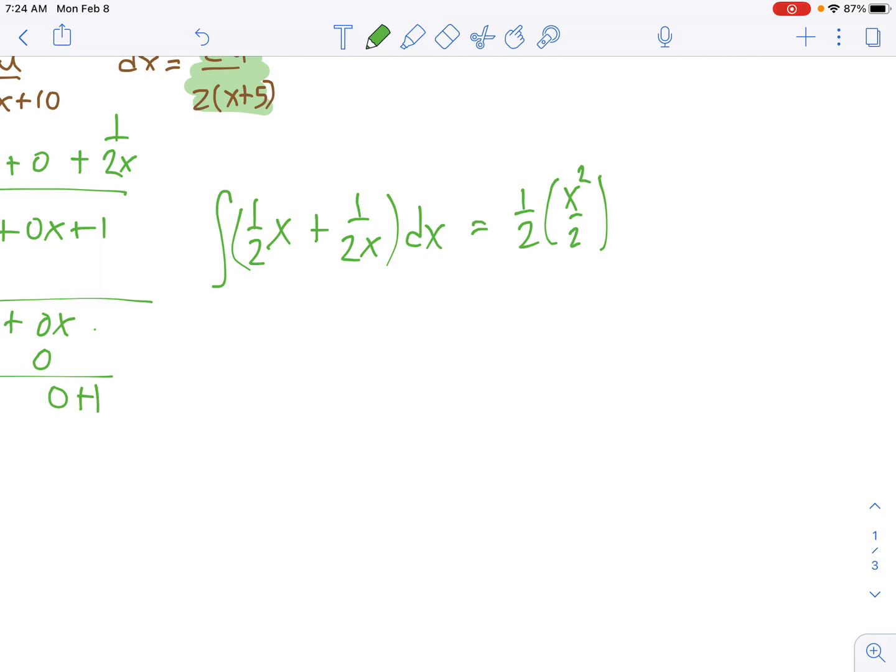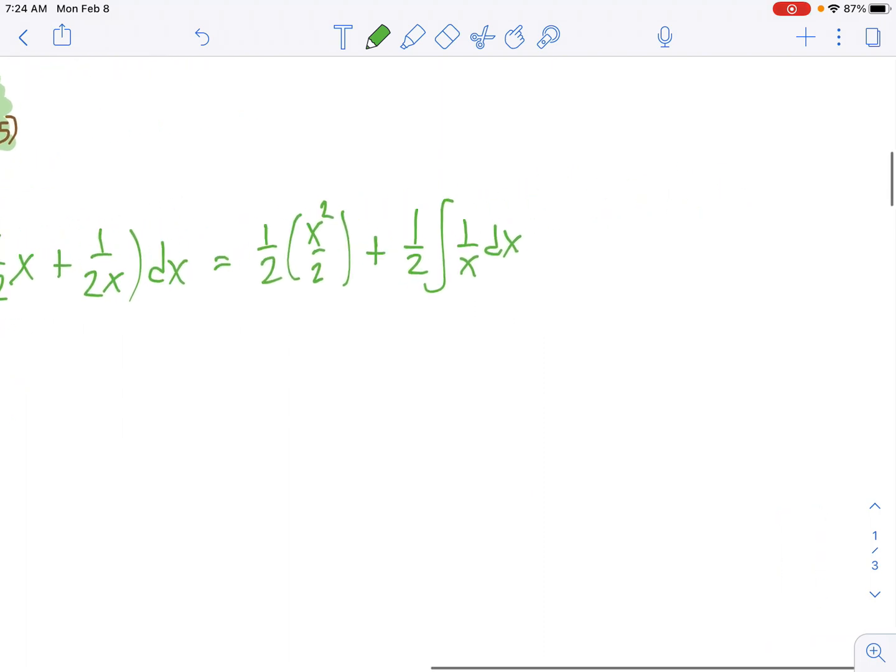And then let me just write this in one more step: 1/2 times 1 over x dx. That's what we really have in that step. Let me simplify that. That looks like x squared over 4, that first term, plus 1/2. Then 1 over x dx is just natural log of the absolute value of x. And then plus c.